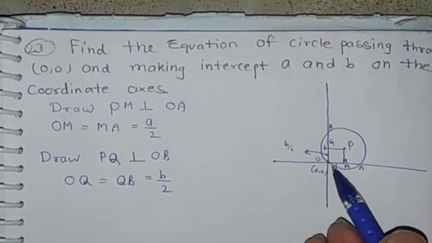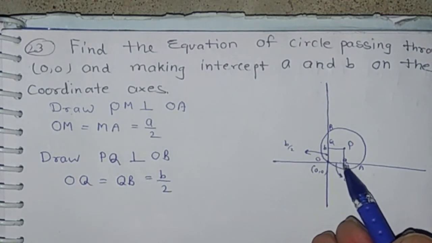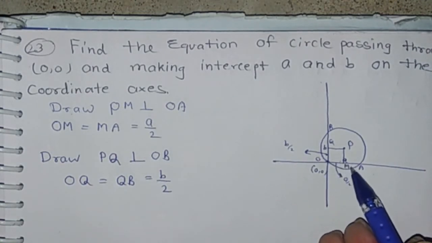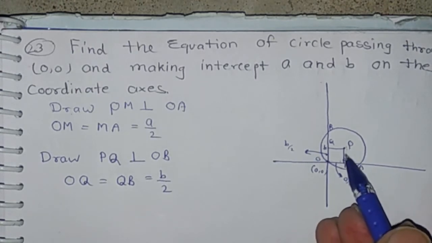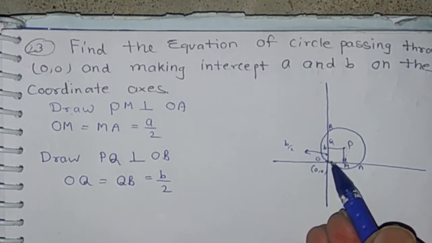Then the center of the circle is at distance A by 2 on the x-axis and B by 2 on the y-axis, meaning PM is also B by 2 because PM is equal to OQ.